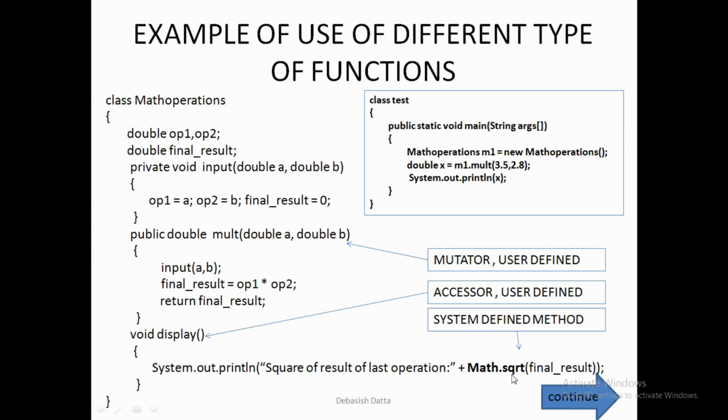It is inside Java. That's why this sqrt method is called a system defined method. The methods or functions which are already defined inside Java are known as system defined methods or predefined methods. So from this example we can see how mutator methods work, how accessor methods work, and how we can use some of the system defined methods which are available in Java.